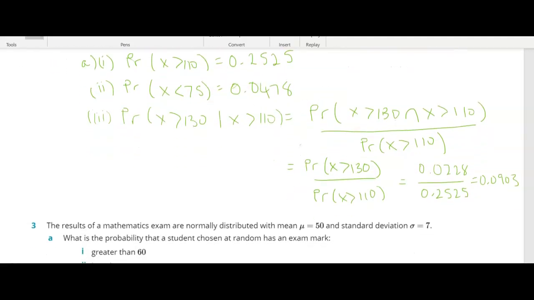I might change that to 0.091 and put a little asterisk: don't round until the end.